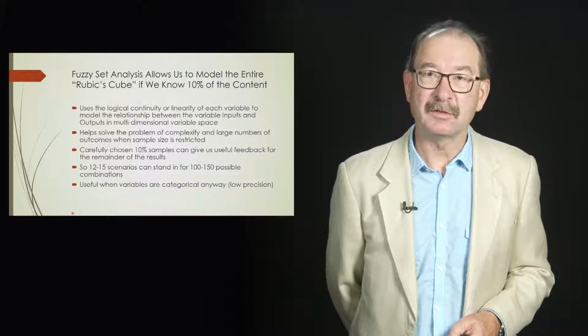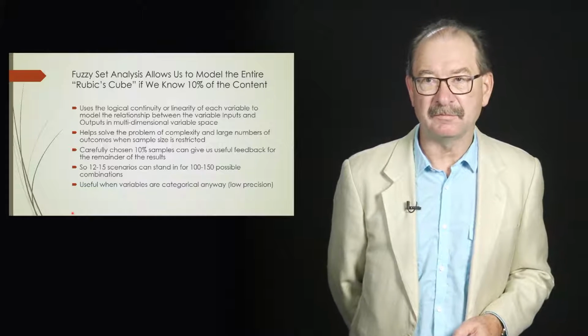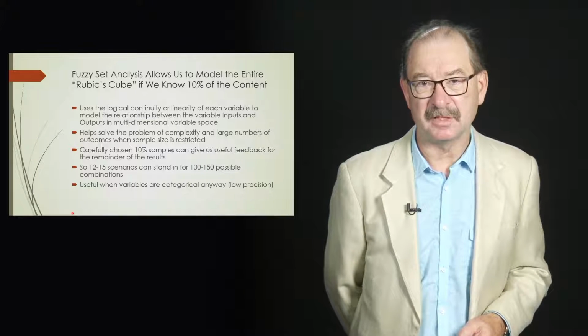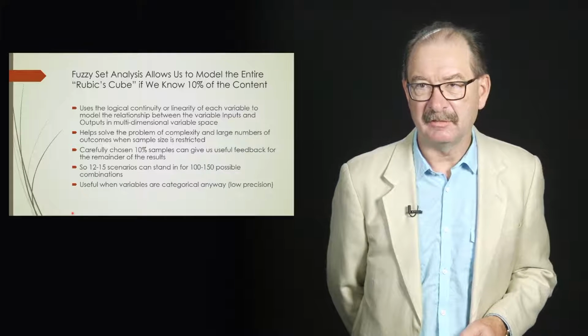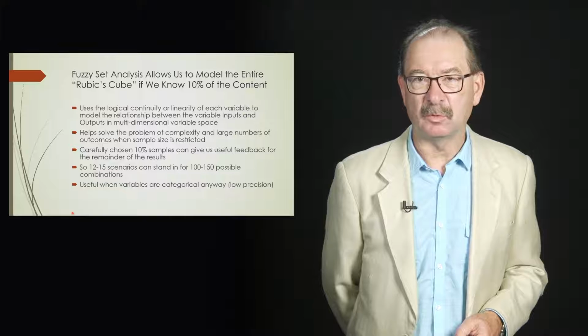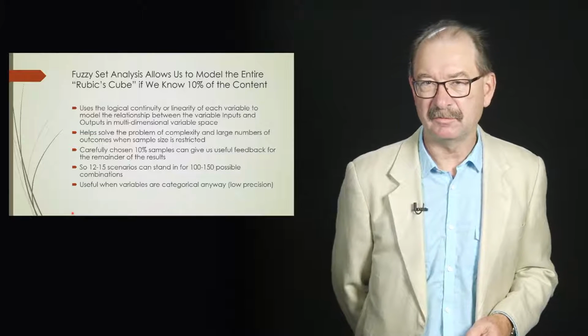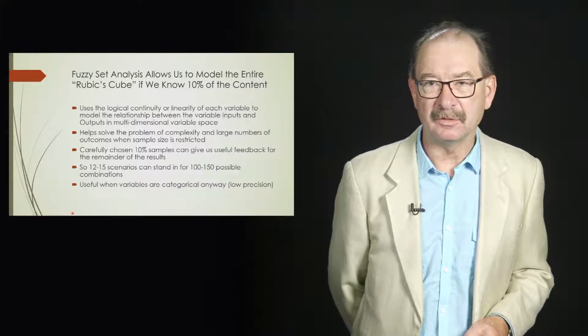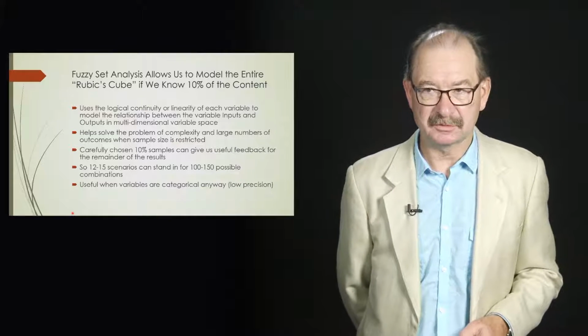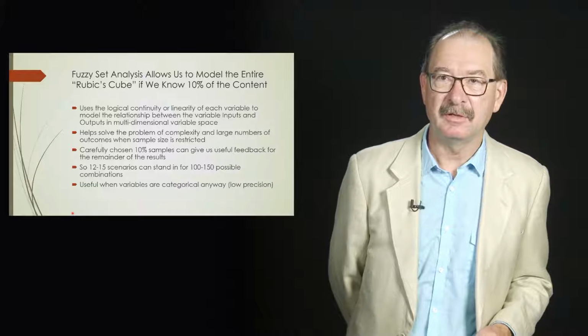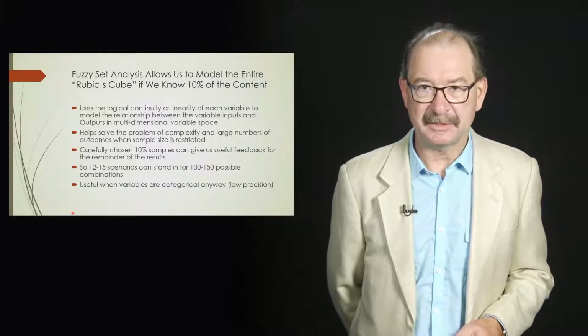Also, many of the kinds of variables or factors that we are talking about are not high precision variables. They tend to be more categorical, so they'll go from low, to medium low, to medium high, to high, those sorts of things, which will have numerical values attached to them.